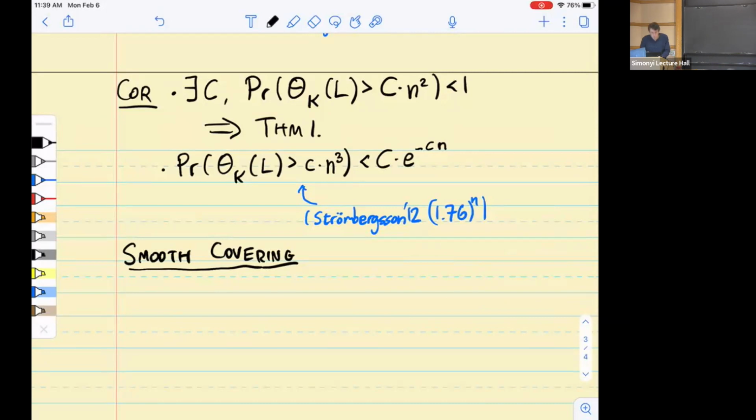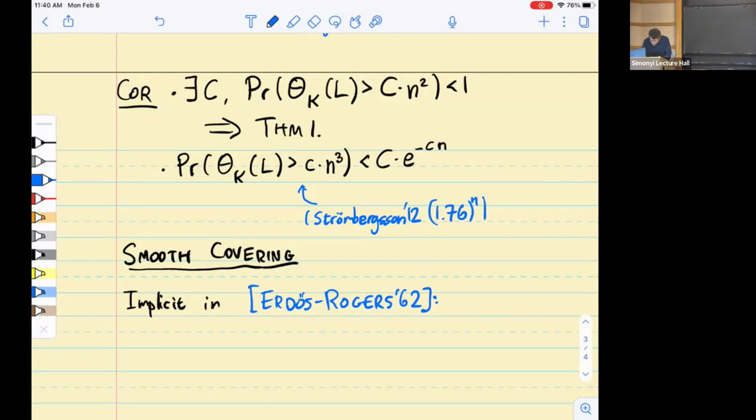I think Rogers cared about this, and it's implicit in the work that Rogers did with Erdős in '62. They didn't look at exactly this, but it's the question they were asking. They want to make sure there are not too many balls covering any point.